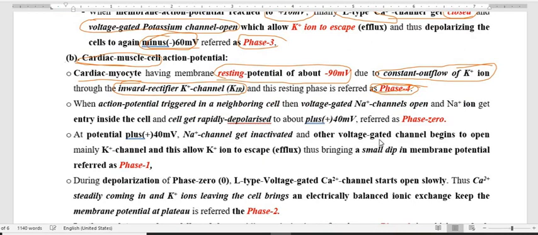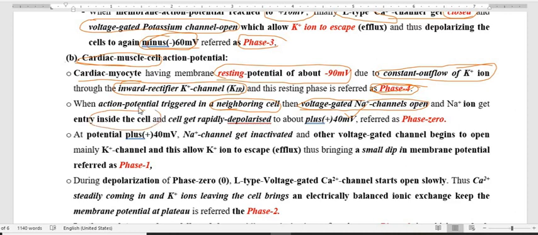When the action potential is triggered in the neighboring cell, there is opening of the voltage-gated sodium channel, similar to the pacemaker. Here it is the fast voltage-gated sodium channel, and when the neighboring cell's action potential is generated, it opens the voltage-gated sodium channel, and sodium enters the cardiac myocyte.